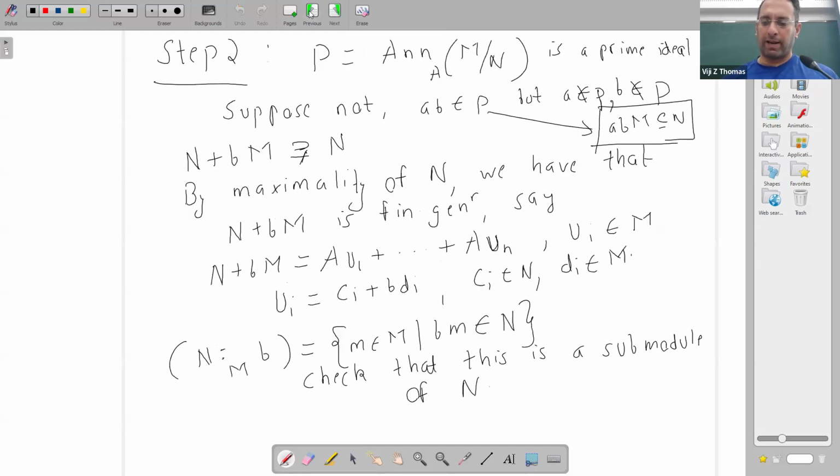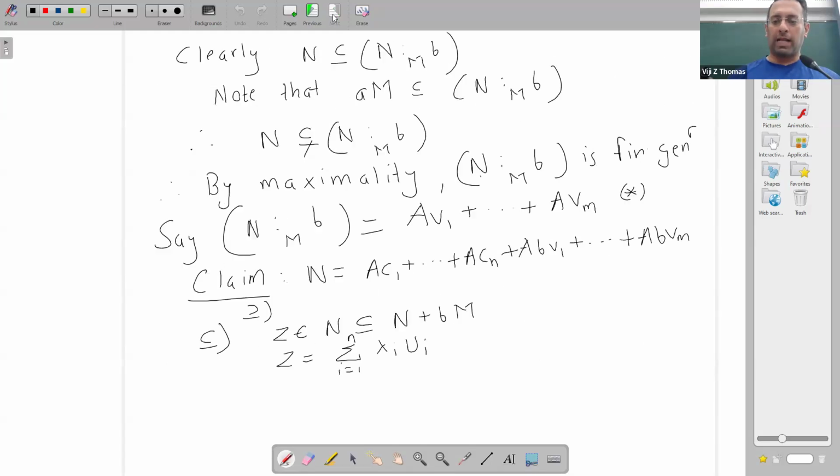Let's go back previous. See, it was written like that. It is generated by U1 to UN, and each UI is Ci plus BDI. So that's what I will now replace. So this is nothing but summation I equal to 1 to N lambda I Ci plus what else? Summation I equal to 1 to N lambda I B di.